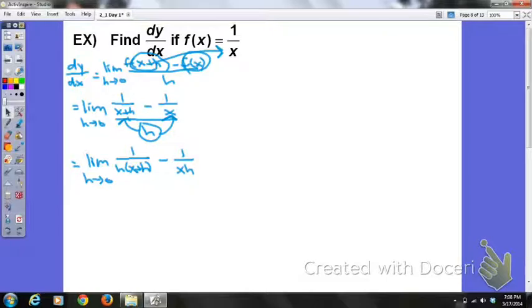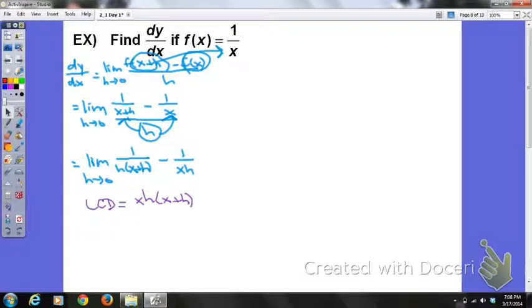In order to do this subtraction, because I still can't use direct substitution yet, I need to find an LCD. My LCD is going to be xh times x plus h. We need to include the highest power of each factor that we have in our denominator.